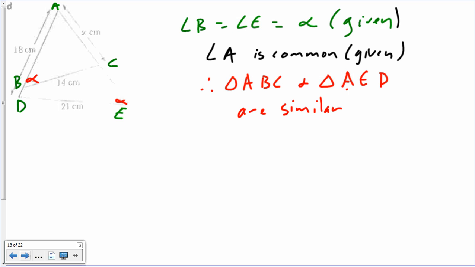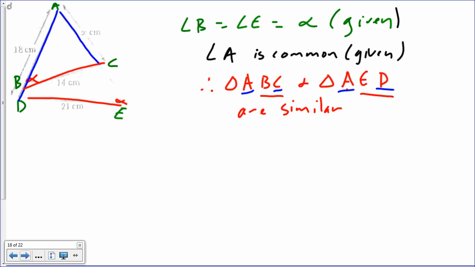So now we're going to look at our sides. We've got AC is what we want to work out in this one, or CA, and that means it's going to be this one here, which is going to be DA. And if we highlight the other side there, we've got this one and this one, which are BC and ED.